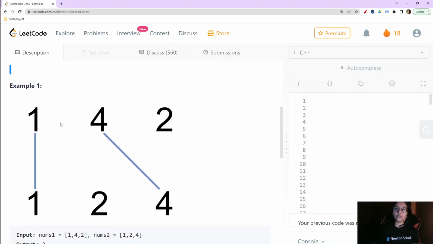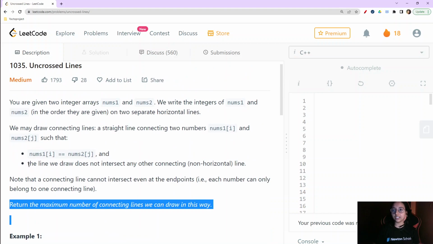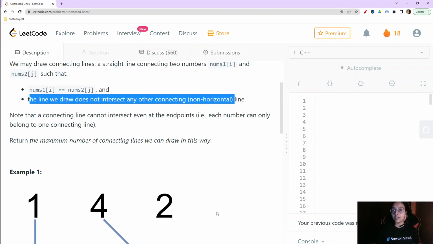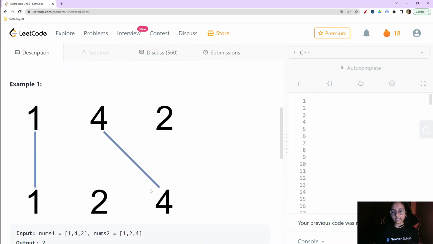Here you can see that 1, 1 is the same, so we can draw a straight line. 4, 4 are the same, so we can draw another straight line. We can also draw a line between 2 and 2, but there this particular condition would be violated: the line we draw does not intersect any other connecting non-horizontal line. 4, 4 was already connected, so when we connect 2, 2, it will intersect 4, 4, and because of that we can't draw 2, 2.